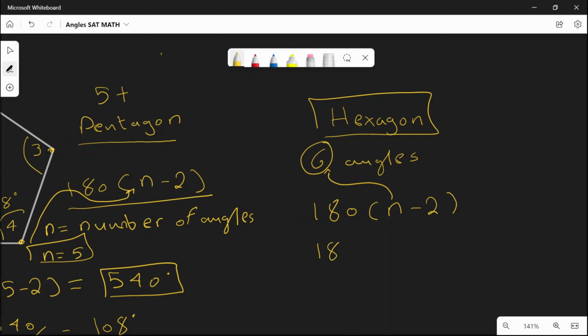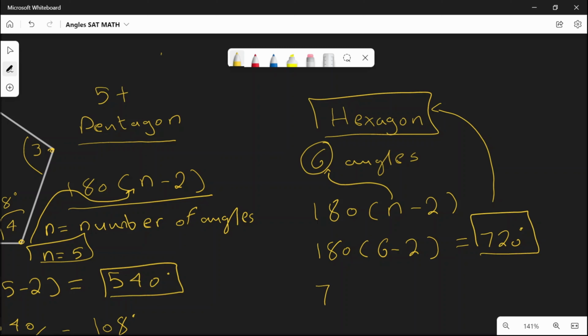So 180 multiply 6 minus 2 is equal to 720. 720 degrees is the total measurement of all angles in a hexagon shape. What if we want to know the individual measurement of each angle in a hexagon shape? We'll divide 720 by the number of angles, which is 6. 720 divided by 6 is equal to 120 degrees.